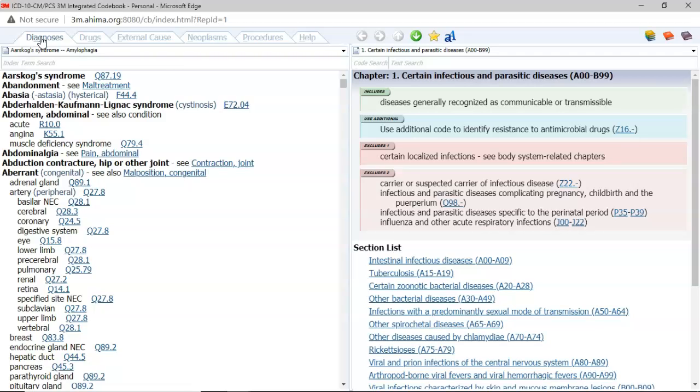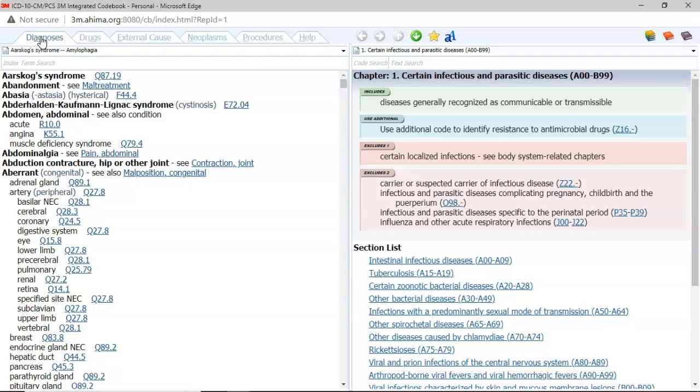And the guideline tells us that if we have subsequent encounters for retained products of conception following a spontaneous abortion or elective termination of pregnancy without complications, then we are going to assign the appropriate code from category O03.4 or O07.4, a failed attempted termination of a pregnancy without complication.